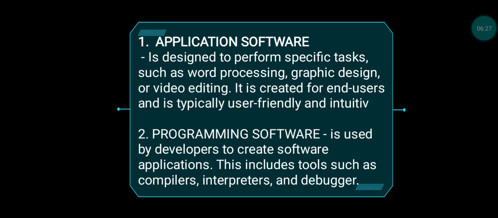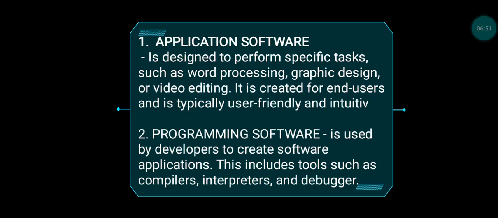So application software is software designed for users to perform specific tasks like writing documents, editing photos, or browsing the internet. For example, Adobe Photoshop is used for editing and designing images.